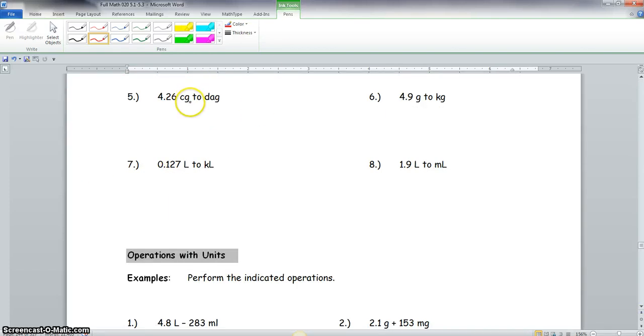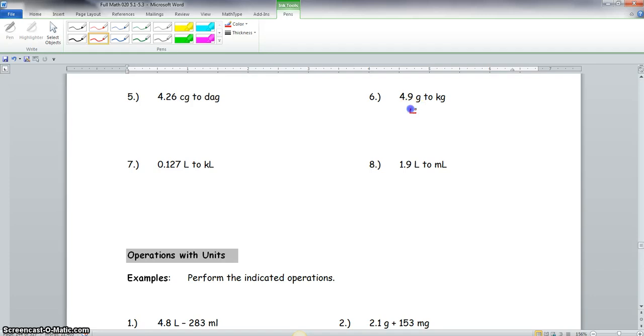Now we're going to go from centigrams to decagram because this is a DA. Now what we need to do here is this here. We're going to rotate, but before we do this, grams and kilograms. We know our base is grams, and you can look at your formula sheet. Now you go to your base and you have to move 3 places to the left to get to kilo.